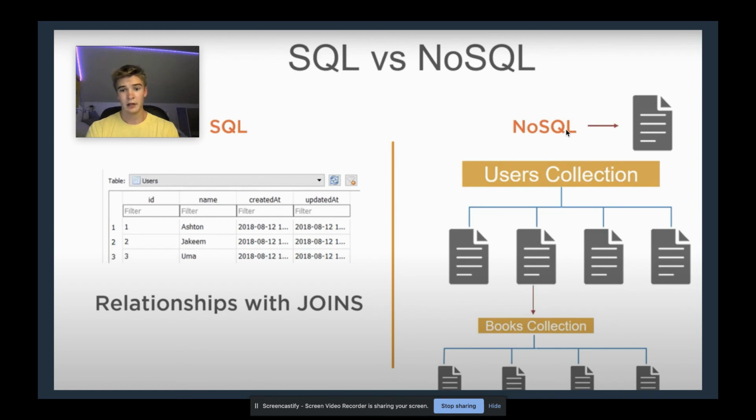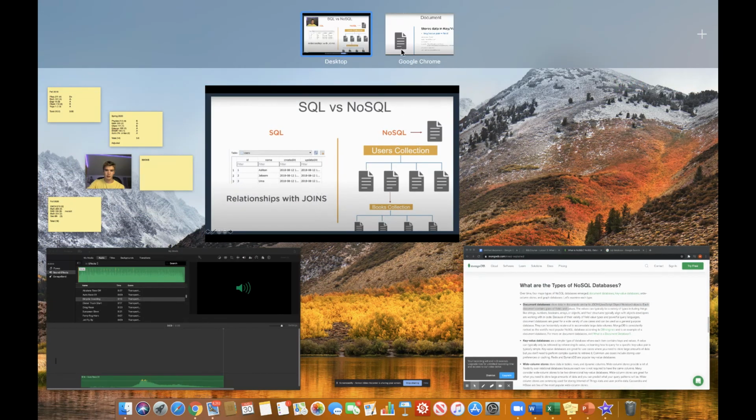So a user might be given access to one document. Then within that, there are other documents that they can look at as that user, based on what they need applications for. And within these documents, you can see there are book collections down here. So subcategories within NoSQL databases make it very easy for the user to see all the data that they need and better help their needs.